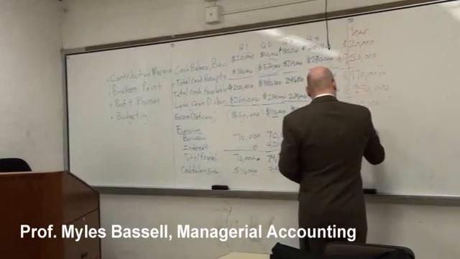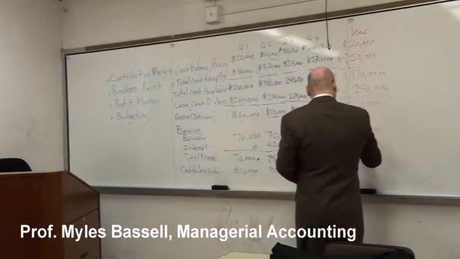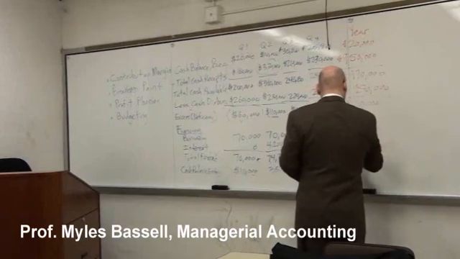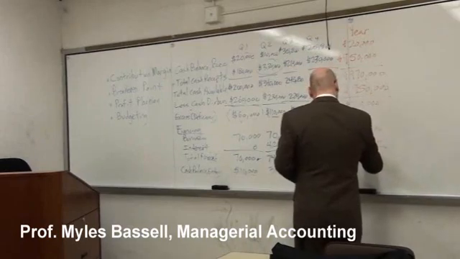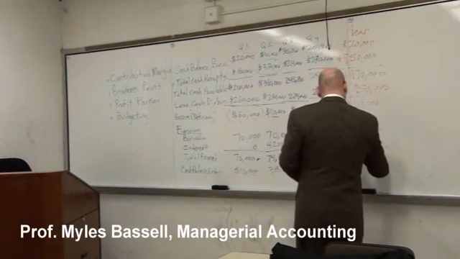We borrowed $70,000. We pay interest of $4,200. So our total financing needs are $74,200.